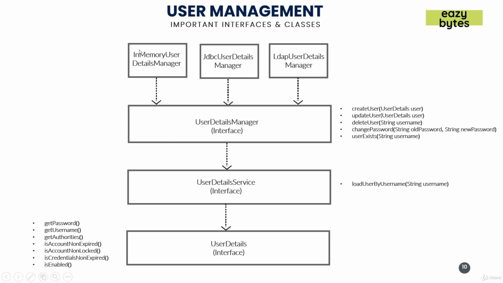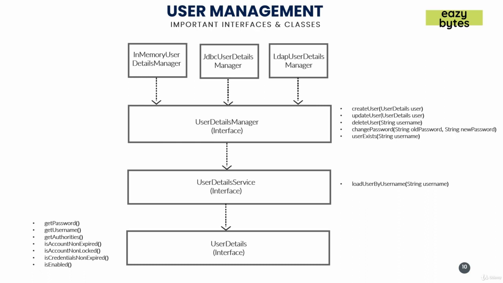In-memory user details manager we have already seen in the last videos, where it maintains the users, creates the user, and fetches the users from the memory of the Spring container. That's why we call it in-memory user details manager. At the same time, the ideal way of maintaining the users is in the database.